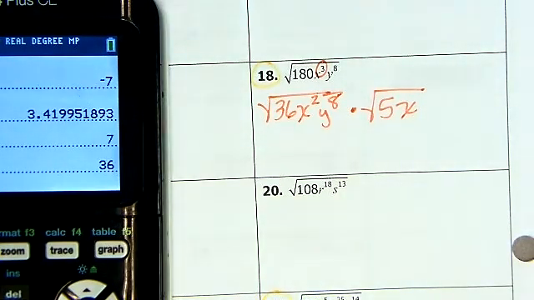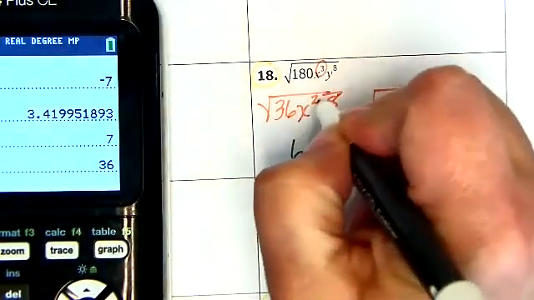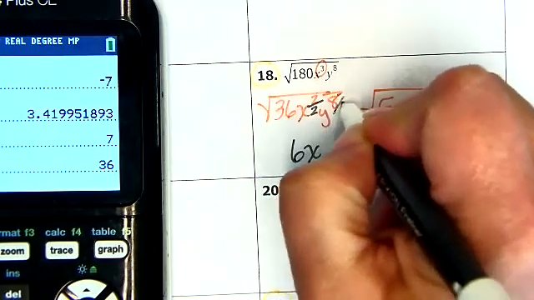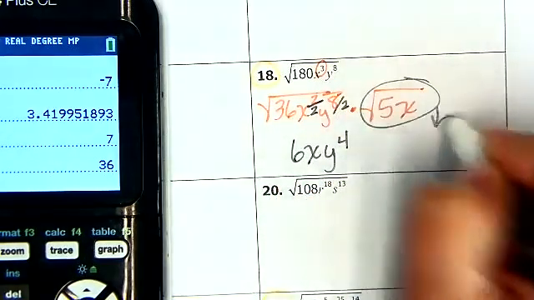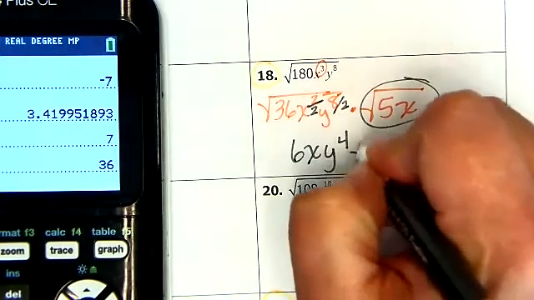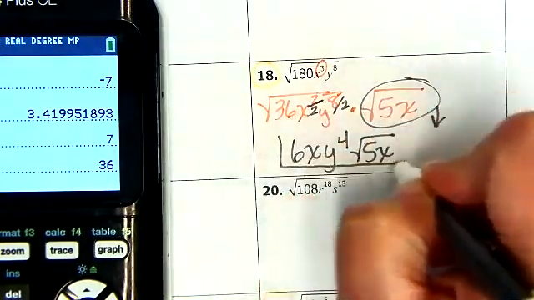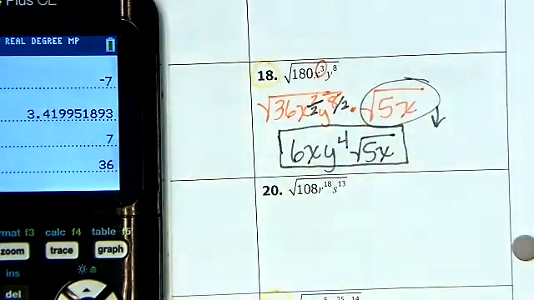We take the square root. The square root of 36 is 6. X squared, we divide by 2, so that's going to be x. Y to the 8th, divide by 2, that's going to give me y to the 4th. And then we bring the rest down. So we end up with the square root of 5x. So my final answer is 6x y to the 4th, square root 5x, or radical 5x.